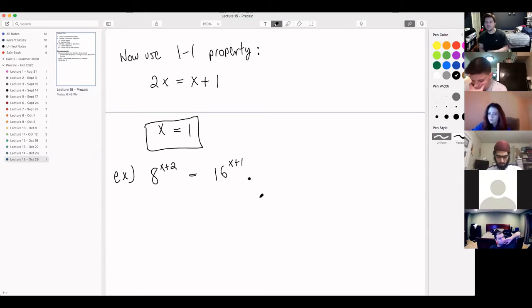Okay, the problem here is that we don't have the same base on both sides, but we can make it so. We need to rewrite both sides so they have the same base. So any ideas? How can I write both sides so they're of the same base? Do you guys want to think about that for a second?